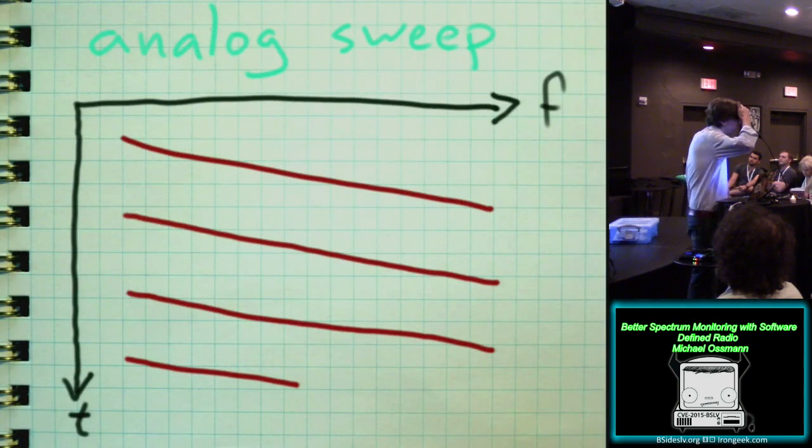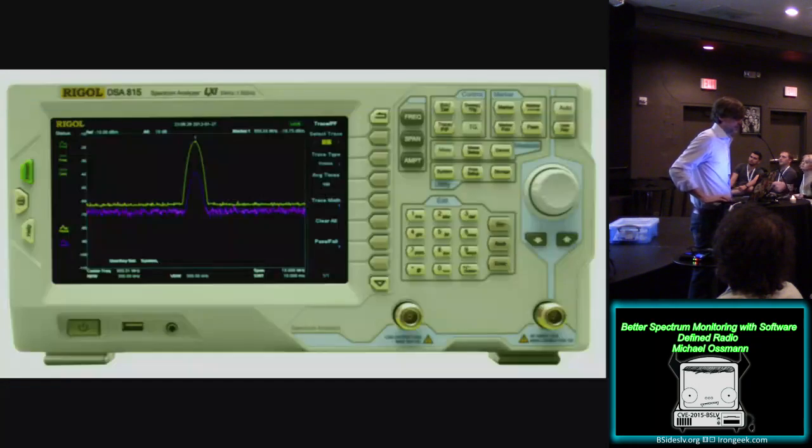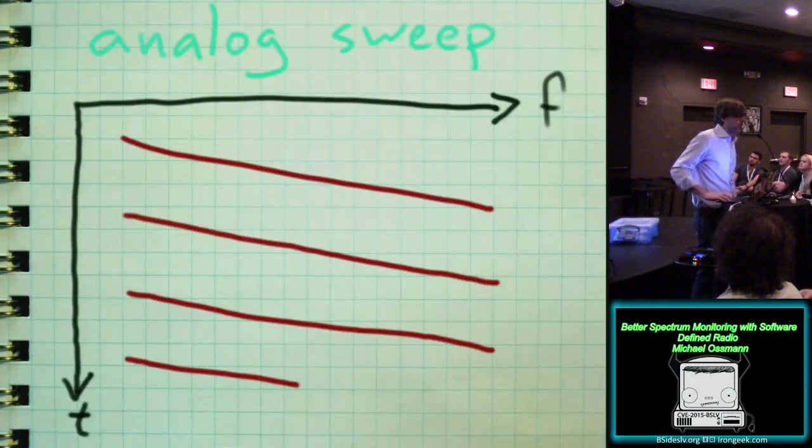But here's how they work. Assuming that you're using a swept spectrum analyzer or the lower cost type of spectrum analyzers, like this one, as opposed to the real-time spectrum analyzers, it works like this. Over time, it tunes a radio receiver. It sweeps the frequency. The red line in this plot shows how the frequency increases over time, and then it jumps back to the beginning and increases over time again, and again.